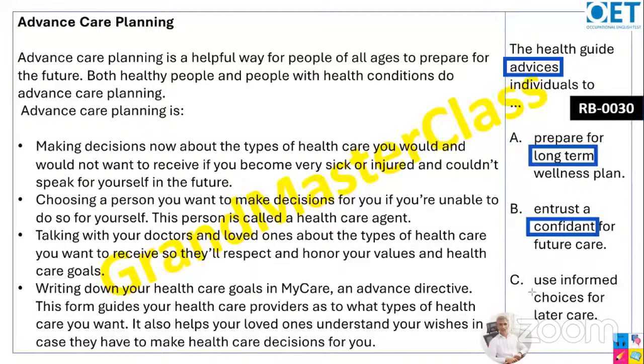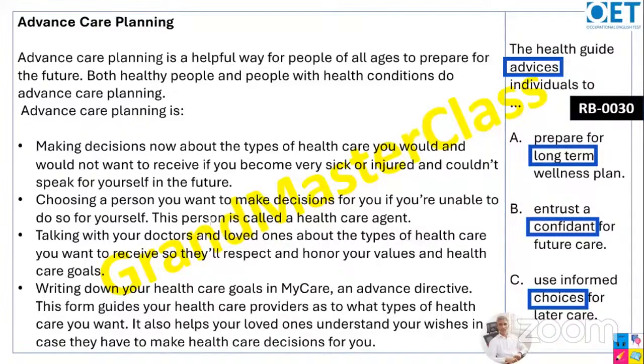Informed choices for later care. So here, if you see these three things, is there anything called a long-term care plan? Prepare for long-term wellness plan. Is there anything long-term? Okay, just let us see here. Number one, entrust a confidant.